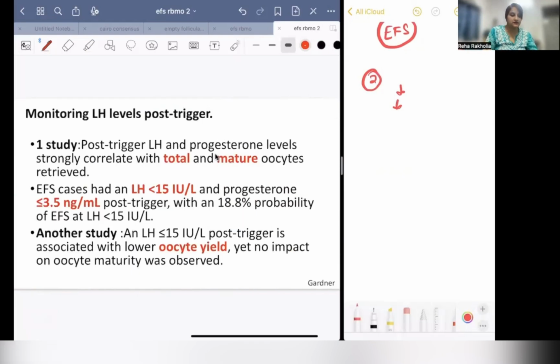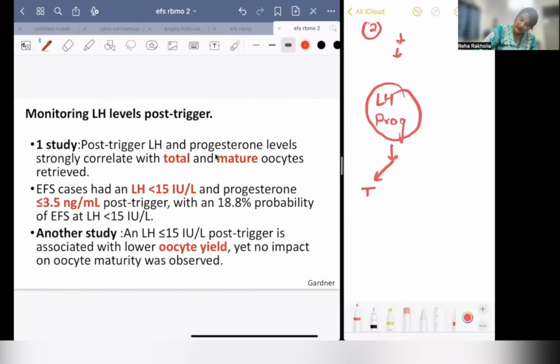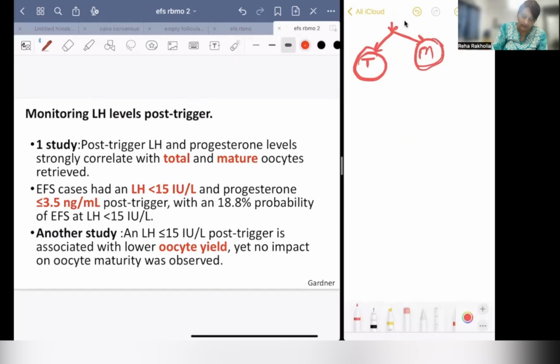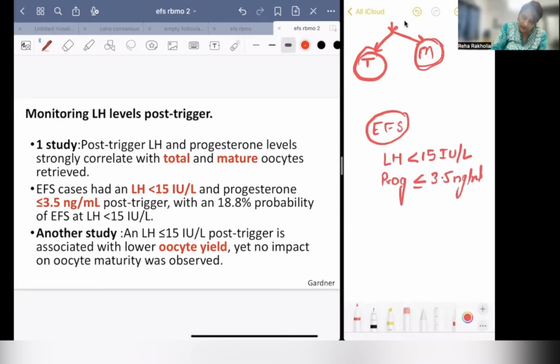Monitoring LH level post-trigger. According to one study, post-trigger LH and progesterone levels strongly correlate with total and mature oocytes retrieved. Another: EFS cases had an LH less than 15 international units per liter and progesterone less than or equal to 3.5 nanograms per ml post trigger, 12 hours after trigger.